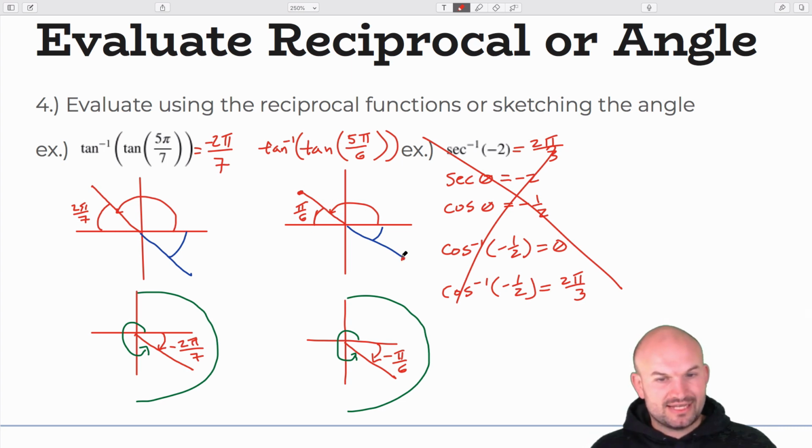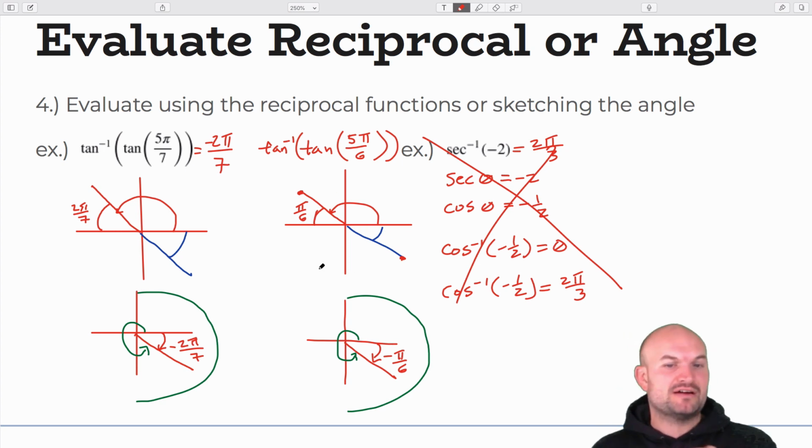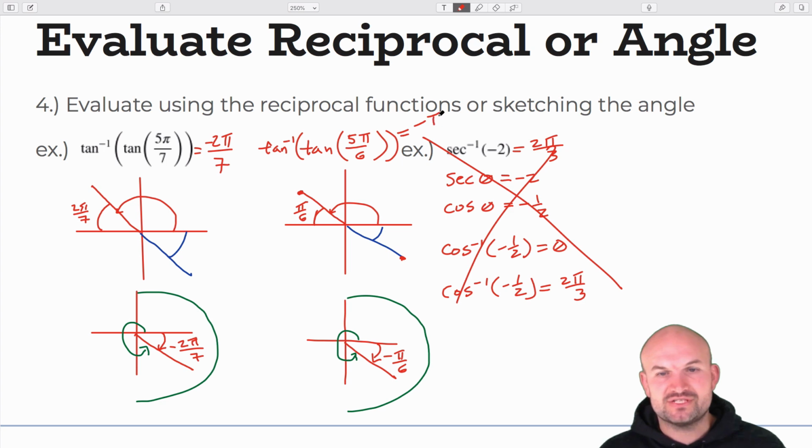This angle down here is going to produce the exact same tangent, y over x, that's going to be negative, right? Because it's either in the second quadrant or the fourth quadrant. So these reference angles are exactly the same. I use this angle to find this reference angle, which is pi over 6. So therefore, I know this angle has to be the negative version, right? Because you can't go outside and come back in. So this answer would be negative pi over 6.